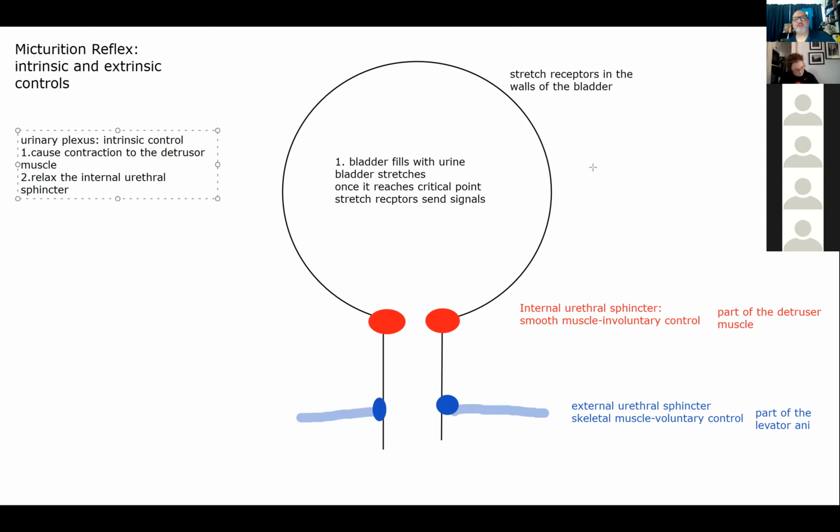So we get these contractions that are occurring. Contractions of the bladder, obviously increasing the pressure. As we increase pressure, we relax that internal urethral sphincter, and urine is going to enter into the urethra.